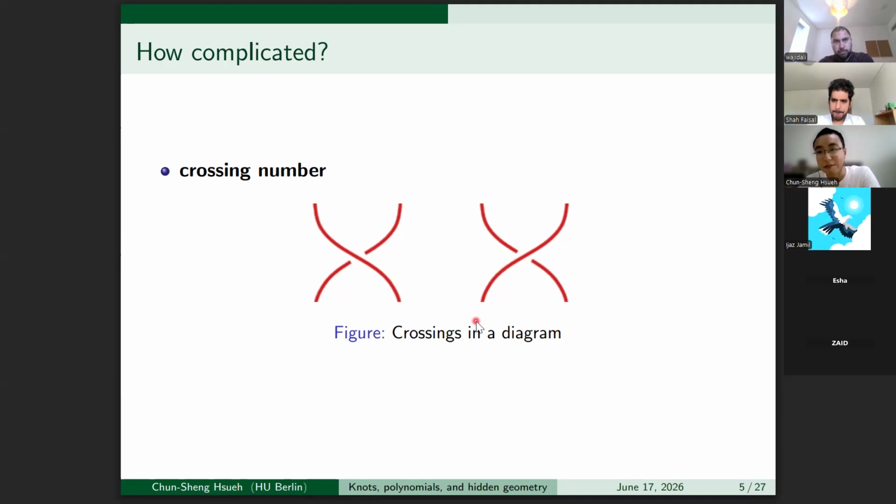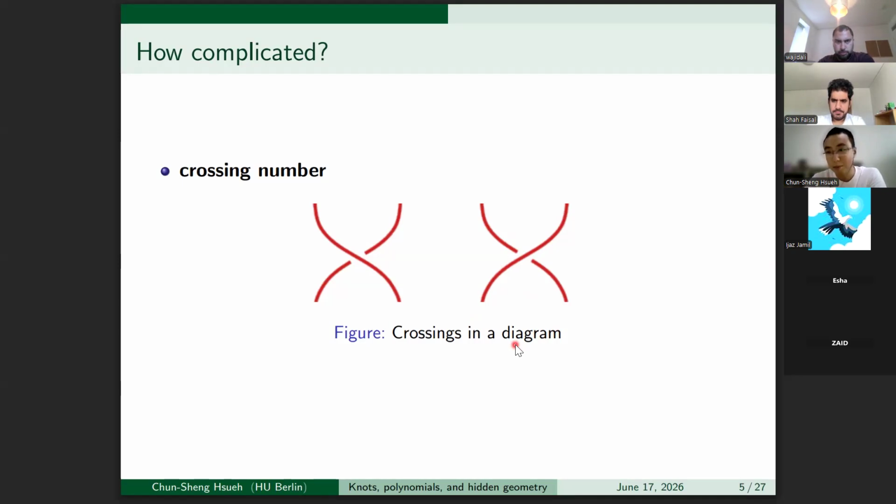So for the same knot, you have many different diagrams, and they certainly can contain many different numbers of crossings. So to get an invariant for the knot, you want to take the minimum over all diagrams of the knot.